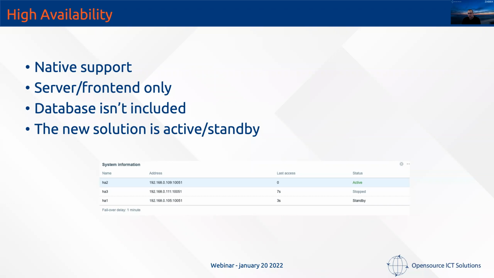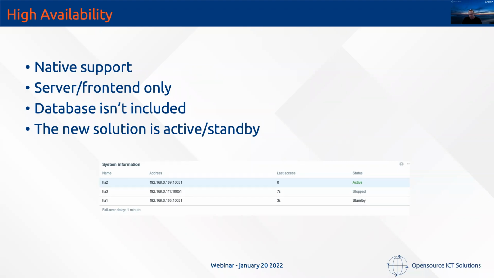It's only about the Zabbix server and the front end. Unfortunately, the database is not included, which means that if you want a highly available database, you have to figure out a different solution.